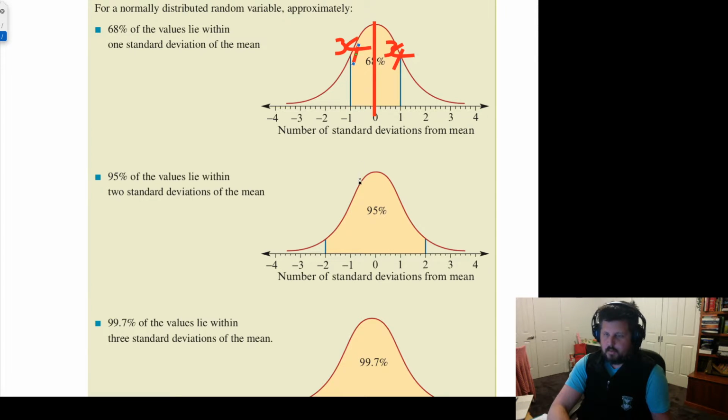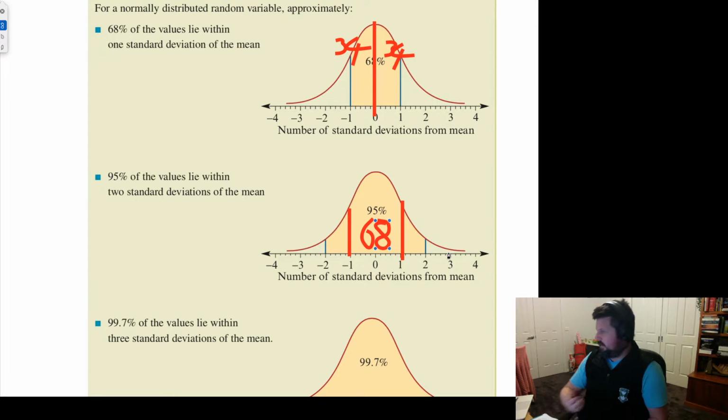Bringing it further as well, if you think about the 95% rule, if we draw back on the 68% here, imagine that was the 68% from above, then you can work out what percentage lies between one standard deviation and two standard deviations, below and above.